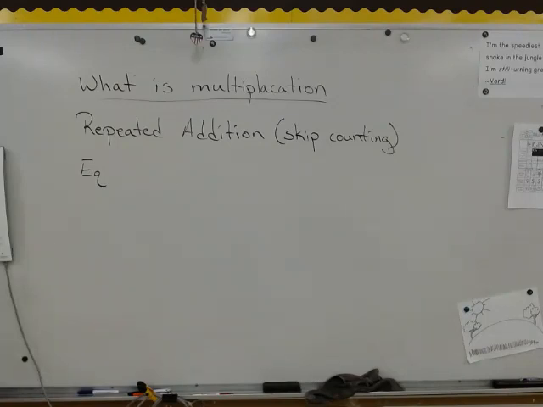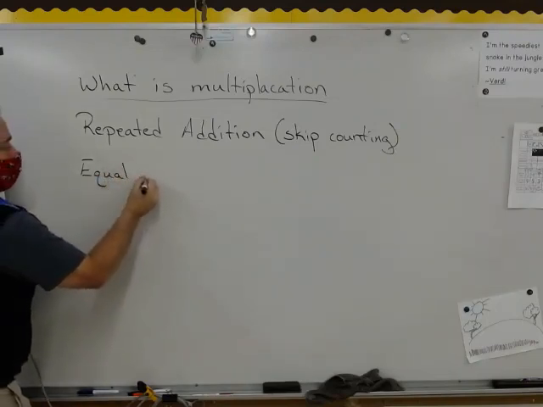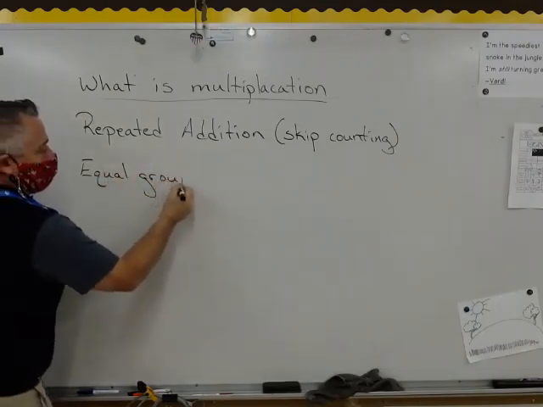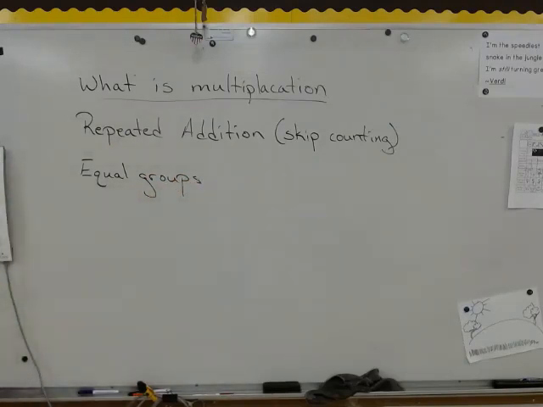There you go. Every group has to have 5, though, right? Okay, so what word am I thinking of here? If everyone has to be... Equal. Equal groups. Okay, so when we think of multiplication, somebody give me 2 one-digit numbers that we could multiply.